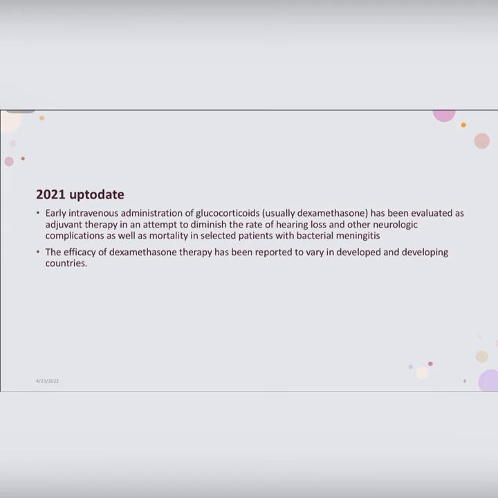According to 2021 UpToDate, early IV administration of steroid, usually dexamethasone, can diminish the rate of hearing loss and other neurological complications, as well as mortality in selected patients with bacterial meningitis. The efficacy of dexamethasone therapy has been reported to vary in developed and developing countries.